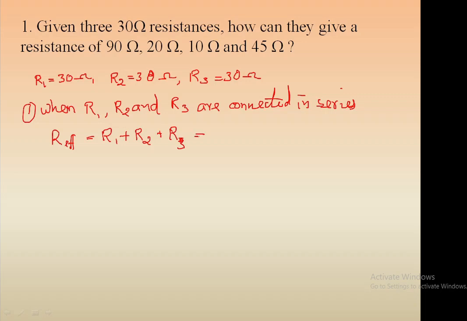So that is equal to 30 plus 30 plus 30, that is equal to 90 ohm.